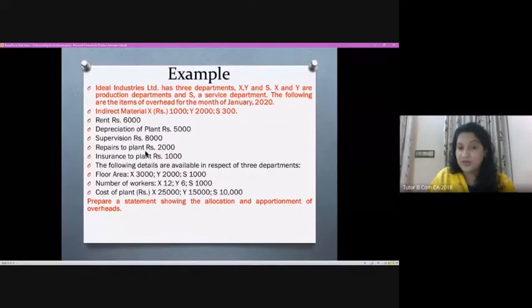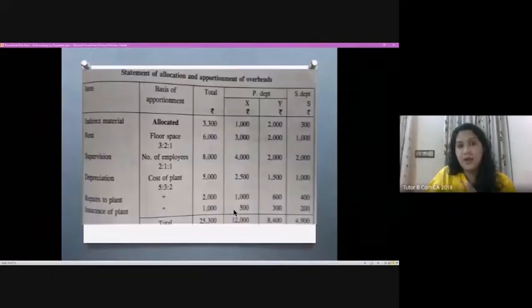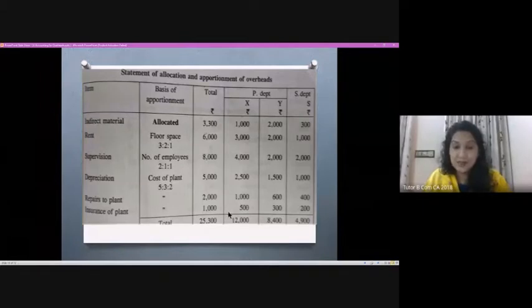That is also given in this question, so it's not a matter for us. The third stage is very important. We are asked to prepare a statement showing the allocation and apportionment. That's why we prepared a statement in this format, with the allocation as well as the apportionment component. Right. Now we will do an exercise in this. We'll stop here.